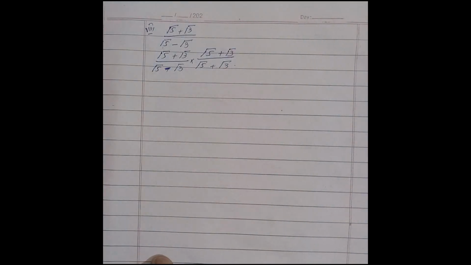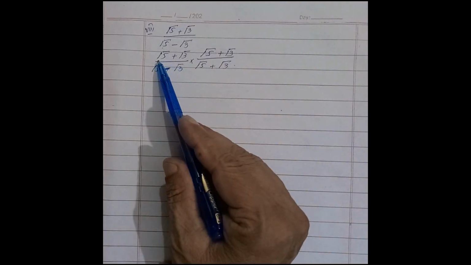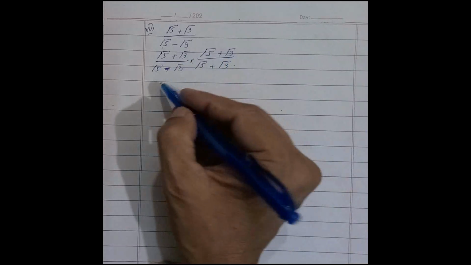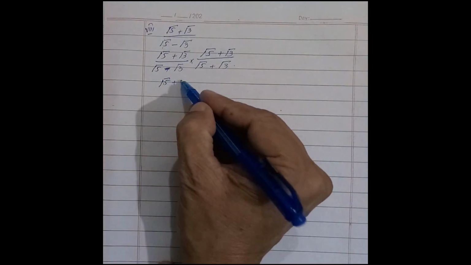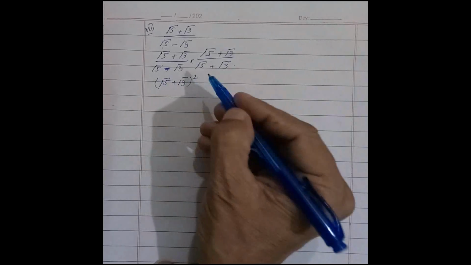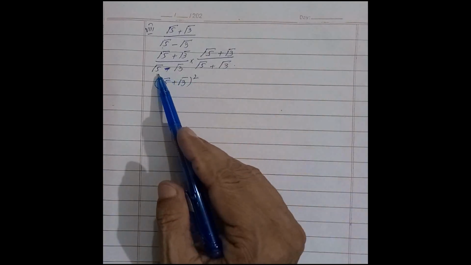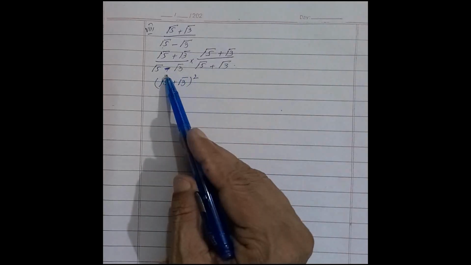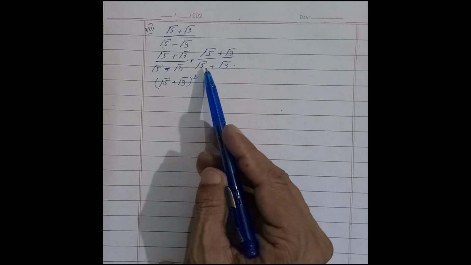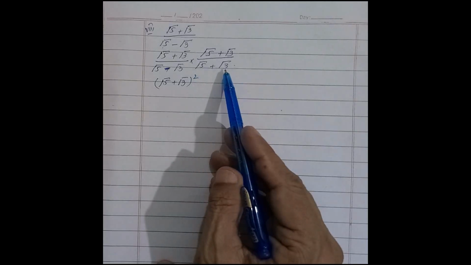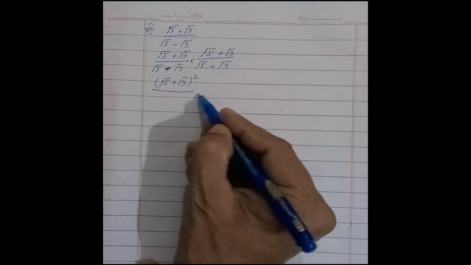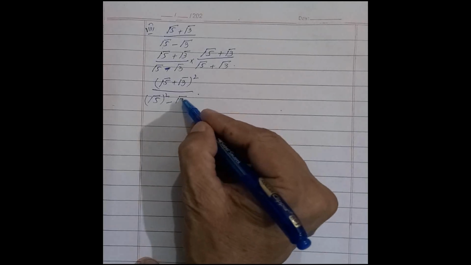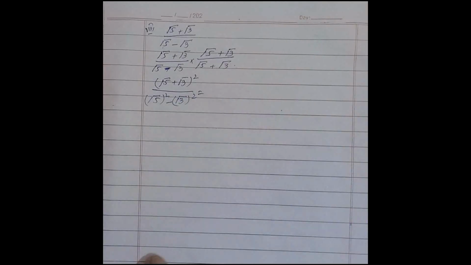In the numerator, square root 5 plus square root 3 into square root 5 plus square root 3, so it is square root 5 plus square root 3 whole square. In the denominator, we have a minus b into a plus b, whose answer is a square minus b square. In this question, square root 5 is a and square root 3 is b. So we take their squares: square root 5 whole square minus square root 3 whole square.